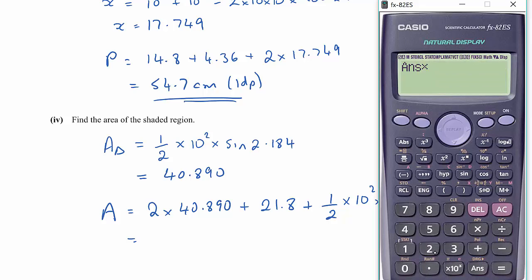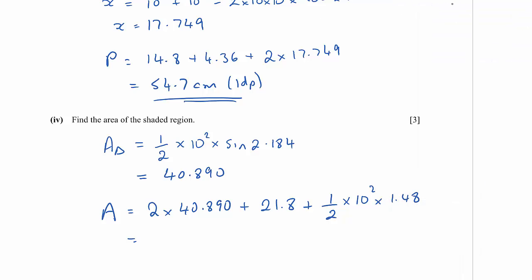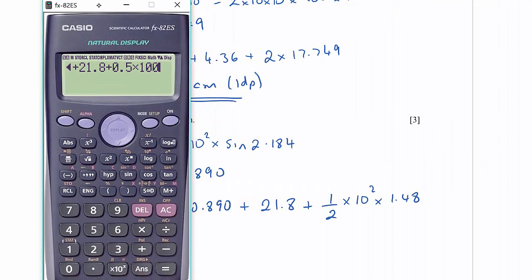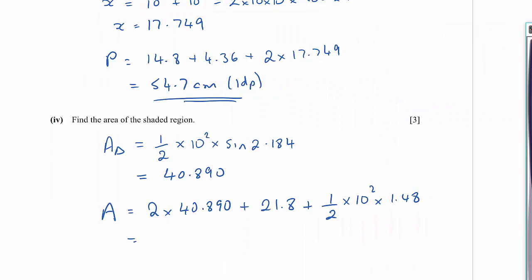So we'll multiply that last answer by 2, and then add 21.8, and then add 0.5 times 10 squared, so that's 100, times the angle, which is 1.48. And that's 177.6 square centimetres.